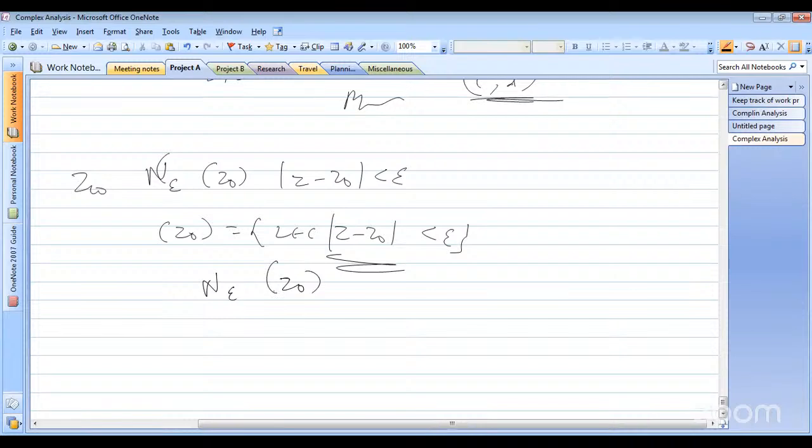All points at distance less than epsilon from the point z0 form the neighborhood of z0.